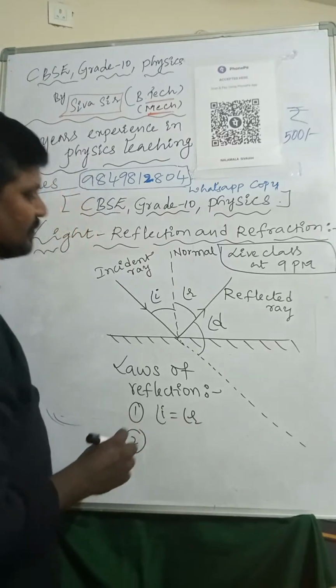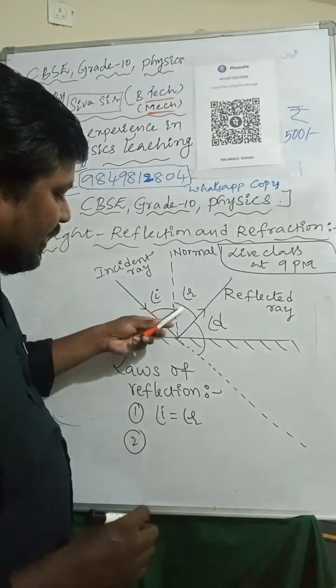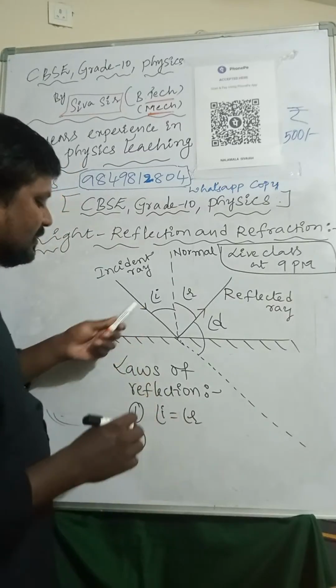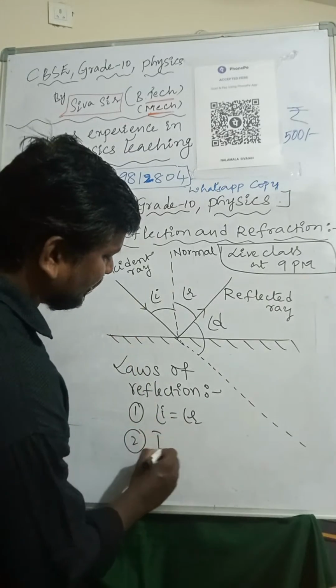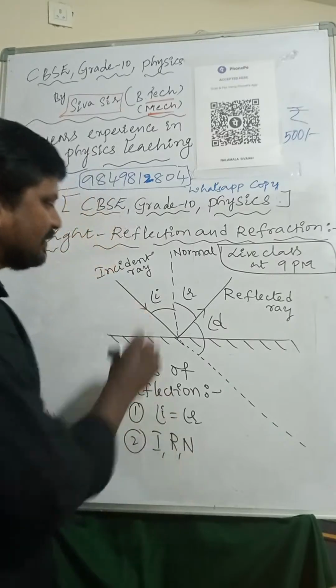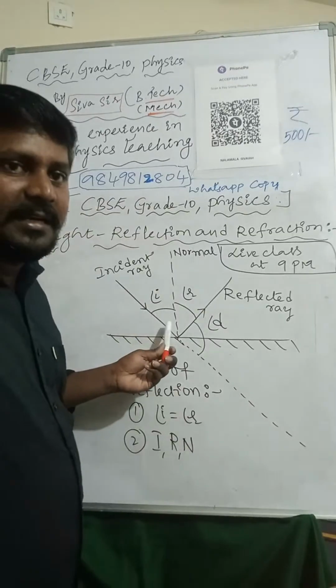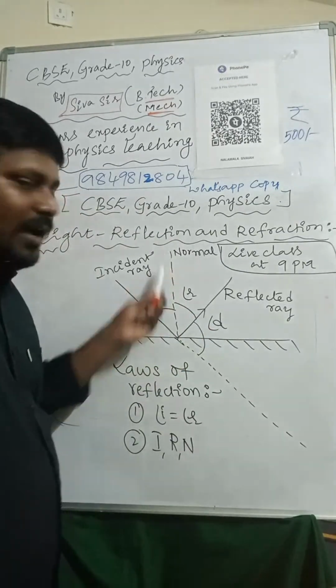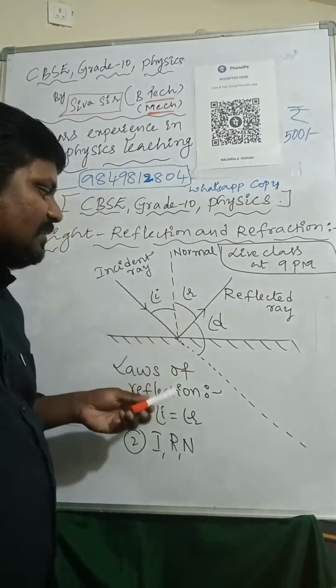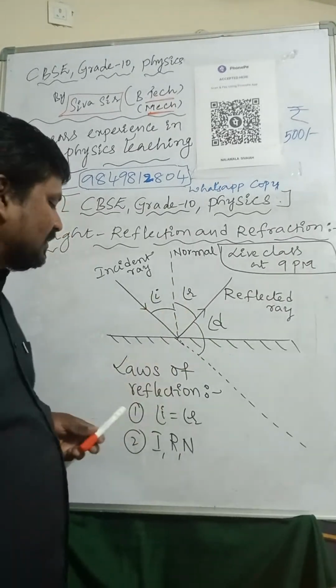Second, the incident ray, reflected ray, and normal line lie on the same plane. So these two are the laws of reflection.